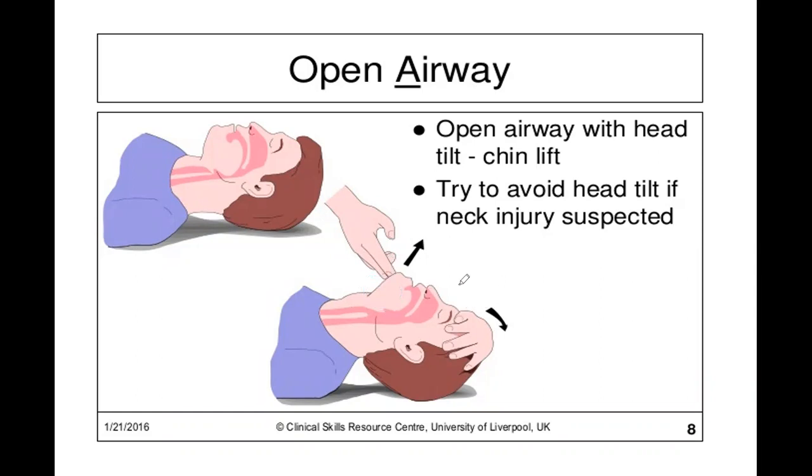So what you do is you get one of your hands, place it on the patient's forehead and push downwards. Then you get your fingers onto the mentum, this hard part of the chin, not on the soft tissue because you cause obstruction, but on the mentum of the chin, and you move it in that direction, okay? So that you tilt the head or you overextend the neck. That will open the airway, okay?